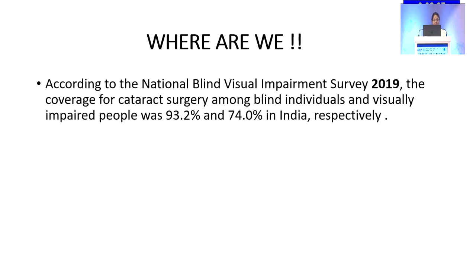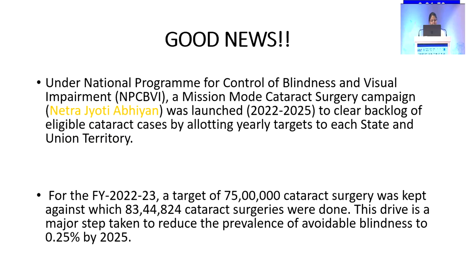And where are we? According to the National Blindness and Visual Impairment Survey 2019, coverage for cataract surgery among blind individuals and visually impaired people was 93.2% and 74% in India respectively. But the good news is, under the National Program for Control of Blindness and Visual Impairment, a mission mode cataract surgery campaign known as Netra Jyoti Abhiyan was launched for 2022 to 25 to clear the backlog of eligible cataract cases by allotting yearly targets to each state and union territory.